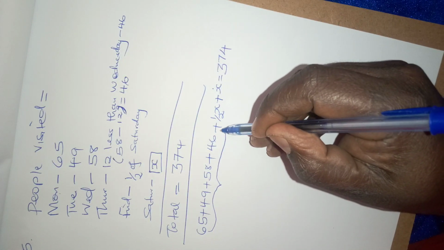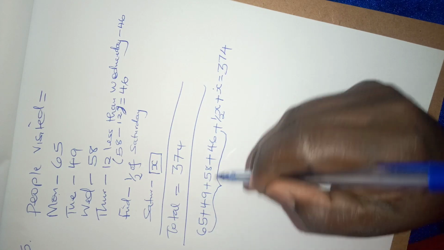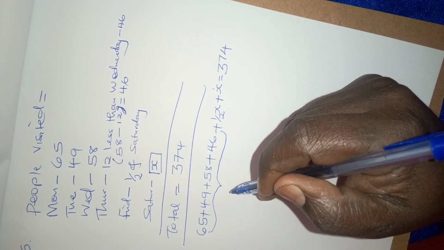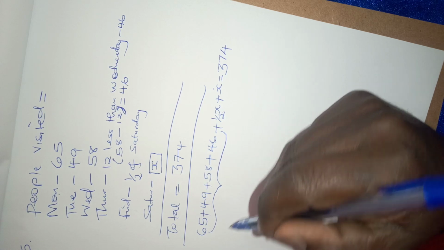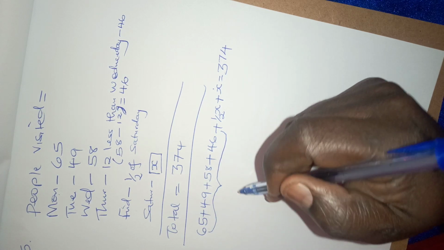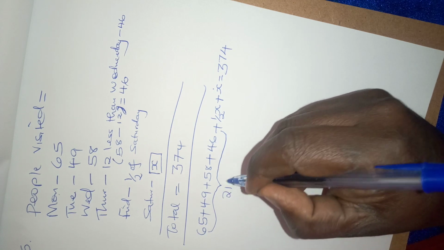Now we have formed an algebraic expression. We can put like terms together, where if we add all these numbers, we shall have 218.